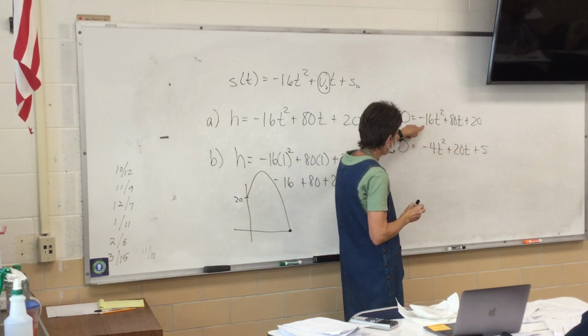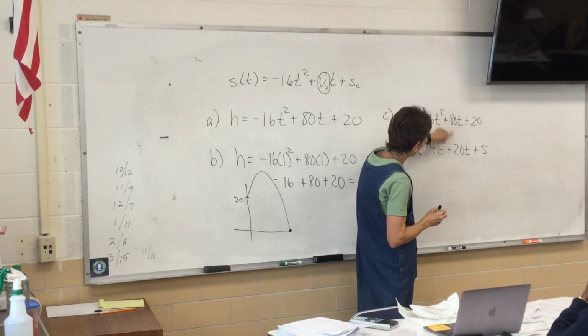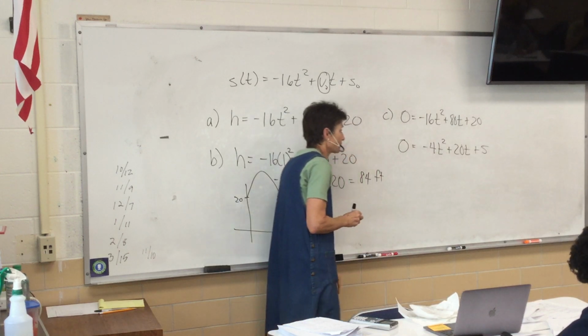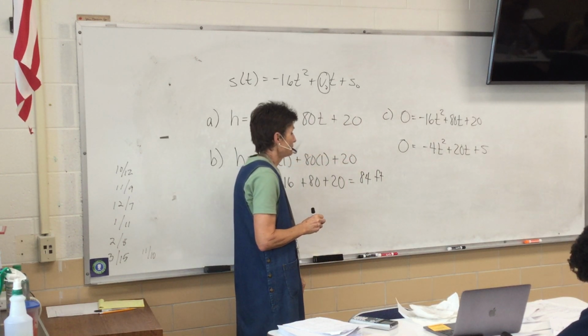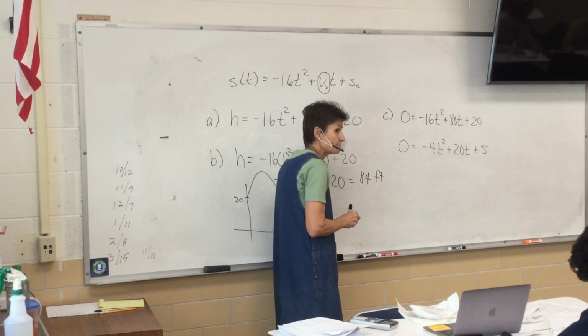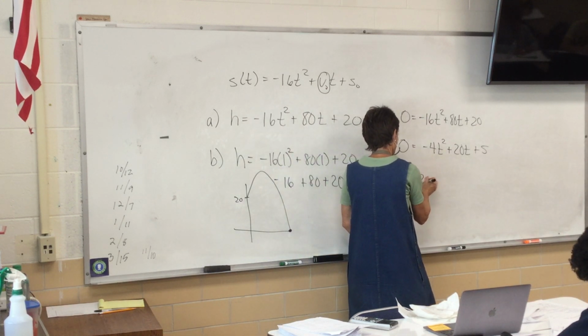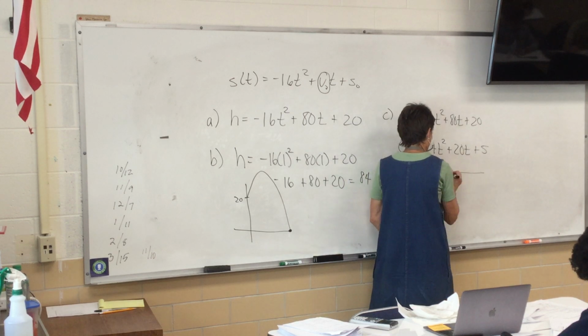So if I take a 4 out of 16, and a 4 out of 80, and a 4 out of 20, you didn't have to do that though, but you better get my answer. Well, I don't know, I made a lot of mistakes, we'll see. If I get this one right.